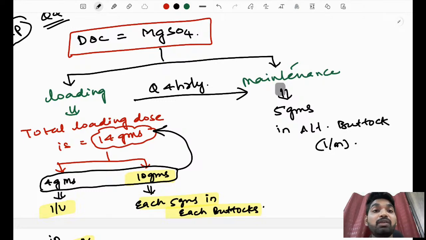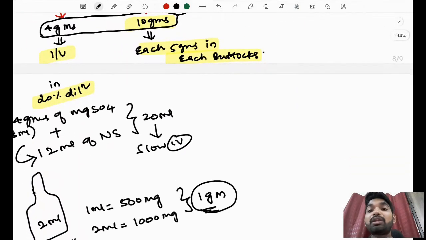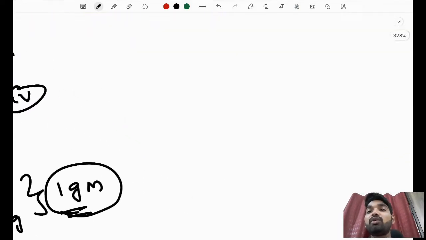And very important: as a nursing officer, when you administer magnesium sulfate to the client, before giving the maintenance dose to this pregnant lady, you need to monitor 3 important things. What are these 3 things?